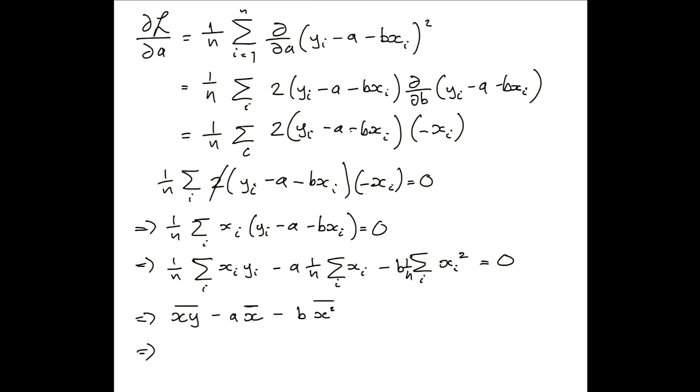So that means we can rewrite. What do we need to rewrite? Well, we need an expression in terms of b. So we rewrite this, minus b x squared, so we end up with b equals the product mean, that one, minus a x bar, over x squared bar.